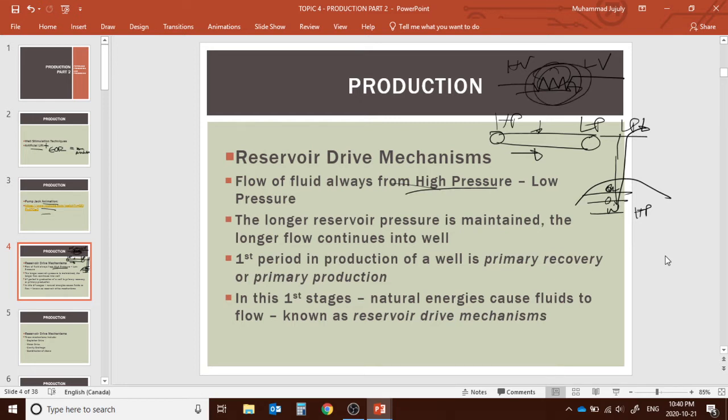Okay, so what would be the resistance in here? It could be the fluid in here, and I'm not talking about the gas, I'm talking about the oil in here. It's too thick to move, or even the porosity is lower, or there could be so many other things, especially if the density or the viscosity is very high, or if it's a solid like bitumen or tar sand, for instance.